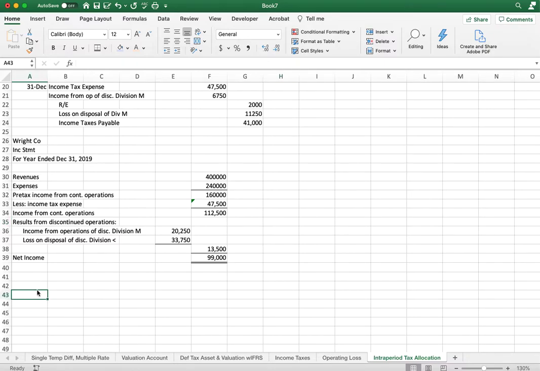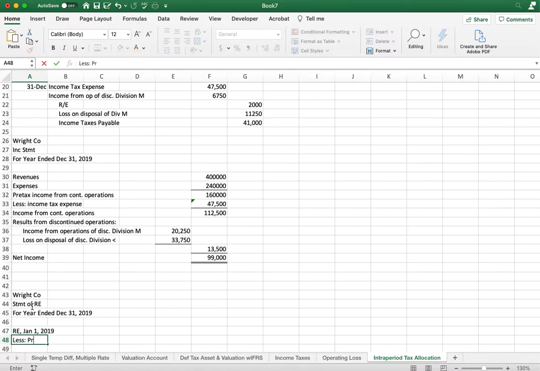The statement of retained earnings. So I'll copy this down. And we'll just change the title to Statement of Retained Earnings. We'll start with our retained earnings as of January 1, 2019. Then, because we have that prior period adjustment, we're going to subtract that out here to get our adjusted retained earnings.